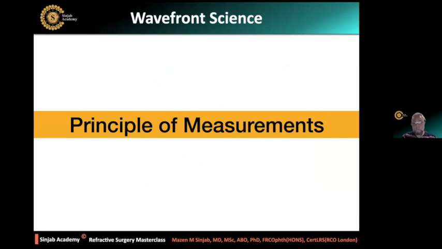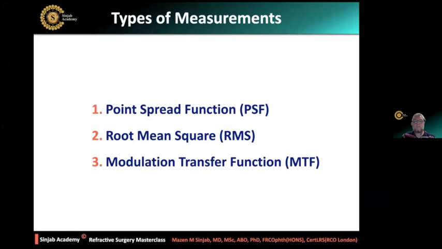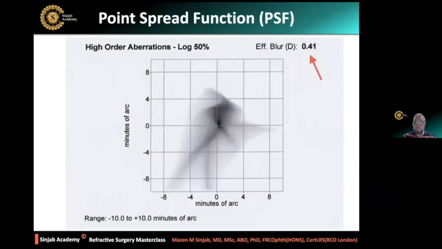Principle of measurements. There are three types of measurements: the point spread function, PSF, the root mean square, and the modulation transfer function. Now, by the PSF, you can see two things actually. The first one, you can see what the patient sees.